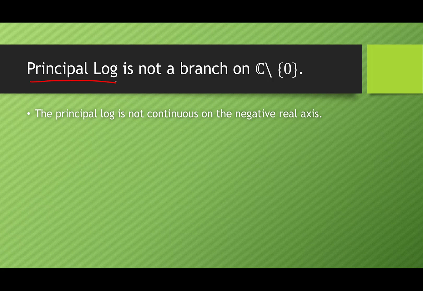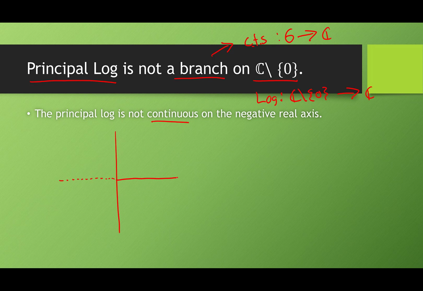First note, the principal log is not a branch on C less 0. Remember, we defined a branch as a continuous function from G to C. Well, the principal log, which can be defined on C less 0, is not actually a branch on C less 0 because it's actually not continuous on the negative real axis. So if I draw our complex plane, here's the negative real axis, here's the positive real axis.